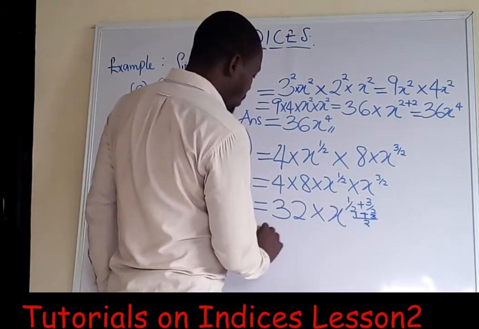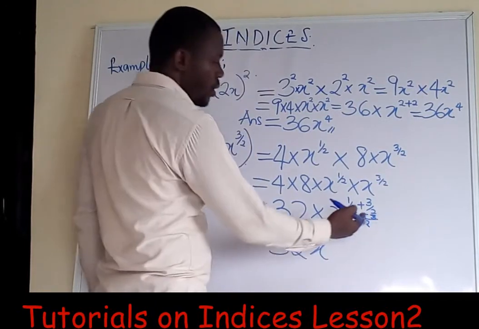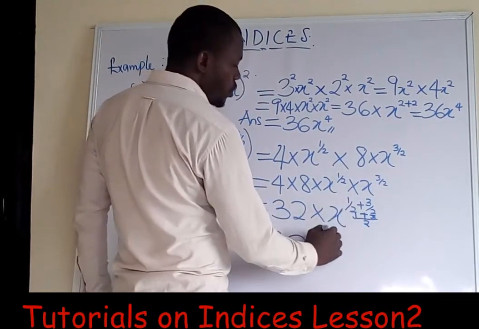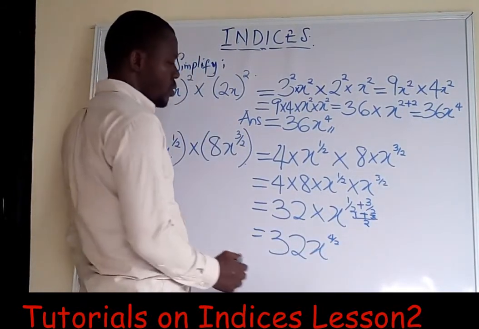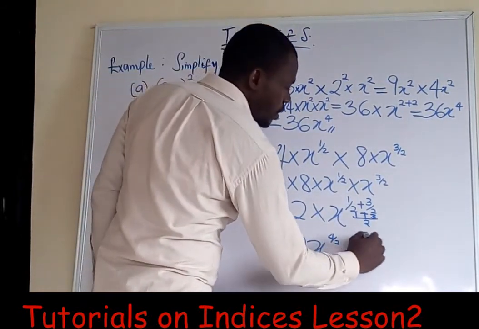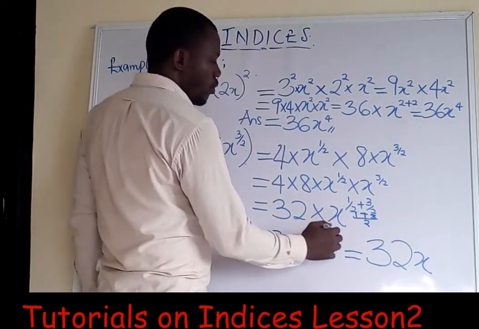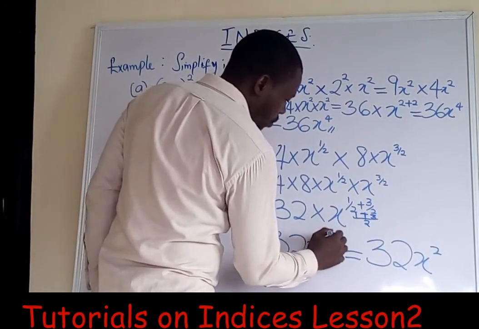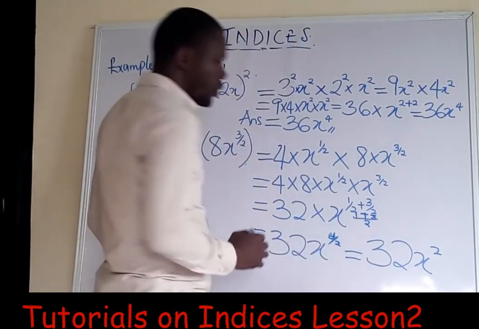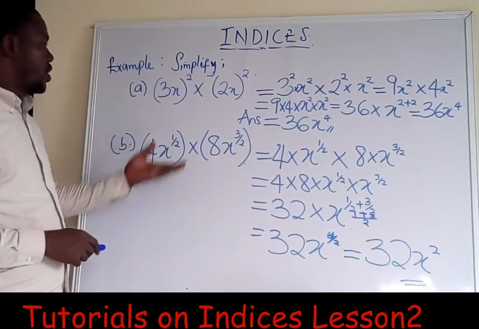So what we have now is 32x raised to the power of, adding this together, 4 over 2. And 4 over 2 is 2. So our final answer will be 32x raised to the power 4 divided by 2, which equals 2. This is our final answer to this particular question.